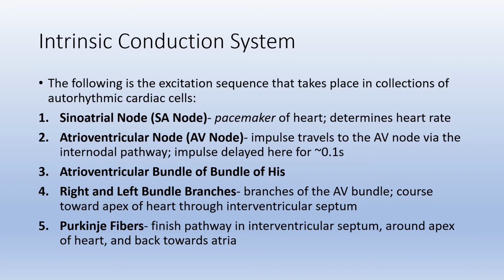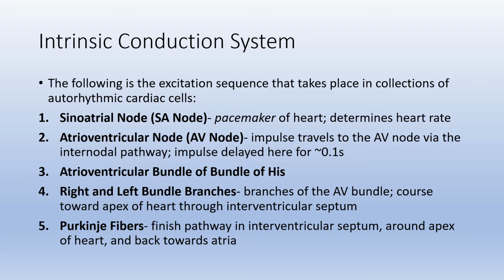So the very first thing that we have is known as the sinoatrial node, which you could simply call the SA node. The SA node is found in the roof of the right atrium and is often known as the pacemaker of the heart. Since this is the first structure in the sequence, it's setting the pace, or the heart rate.